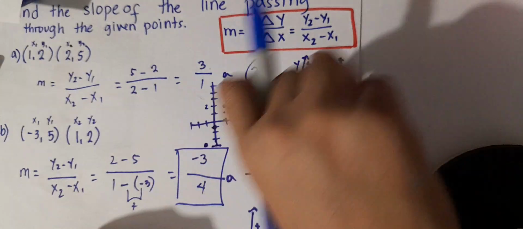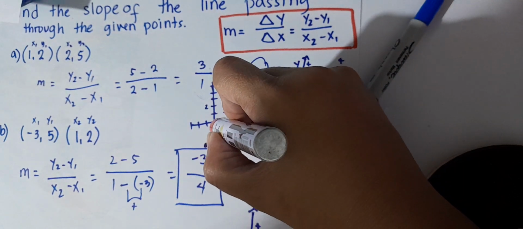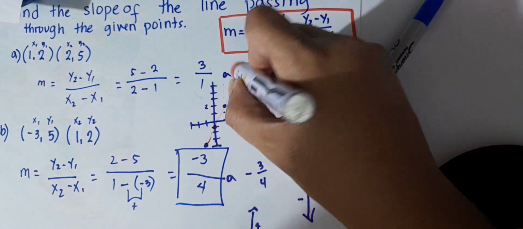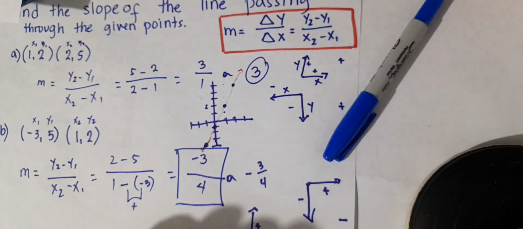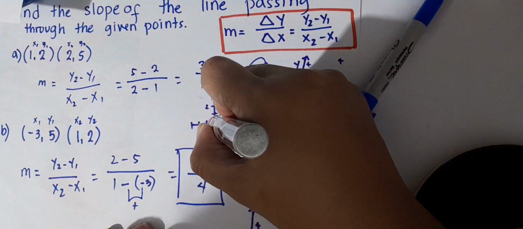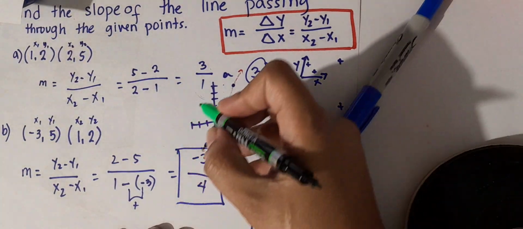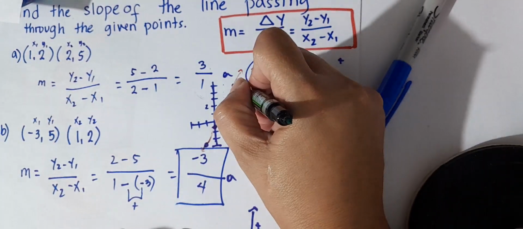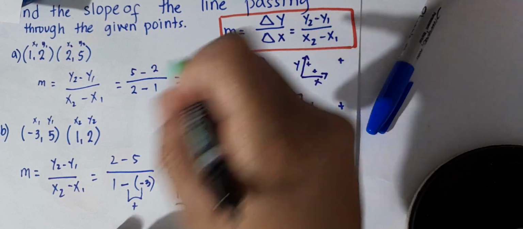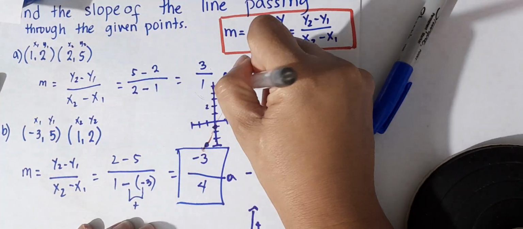Okay? So if we try to graph this one, we will get these points. And this is how your graph looks like. Okay? So this will be the graph. As you can see here, the points will be 2, 5.